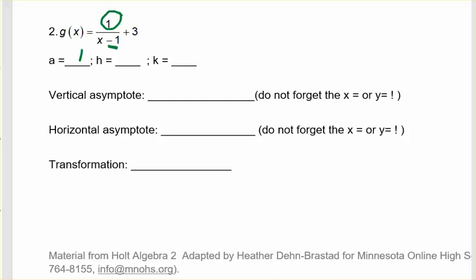The default is x minus a number, so our H is just 1. And our K is the number that's added or subtracted from the end, if there is any. So our vertical asymptote we're going to find from this part here, and our horizontal asymptote will be the up or down part at the end, and the transformation can be found from those as well.